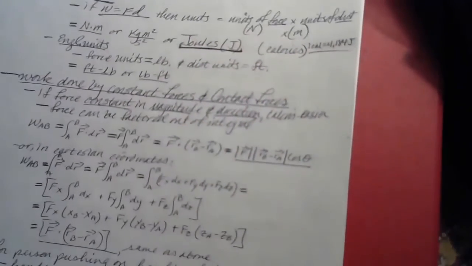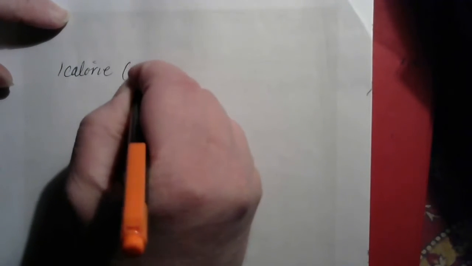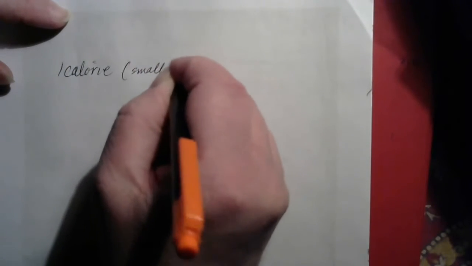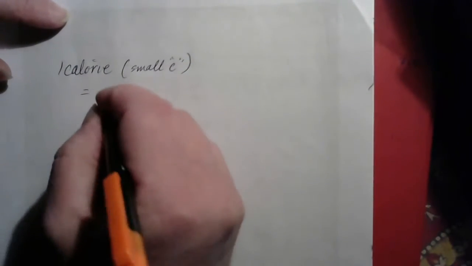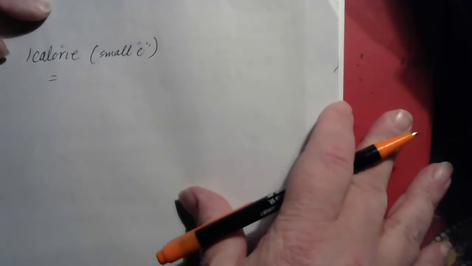A calorie, though, I'll go into some little detail on this. 1 calorie with a small c is the amount of energy it takes to raise the temperature of 1 milliliter of water by 1 degree Celsius.